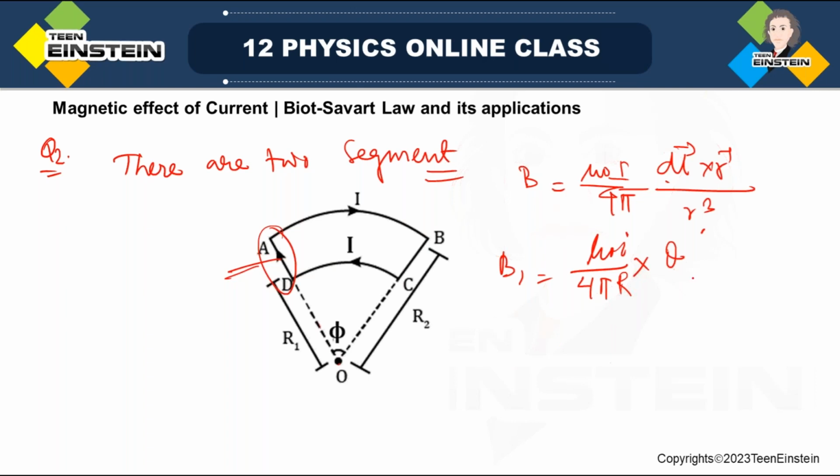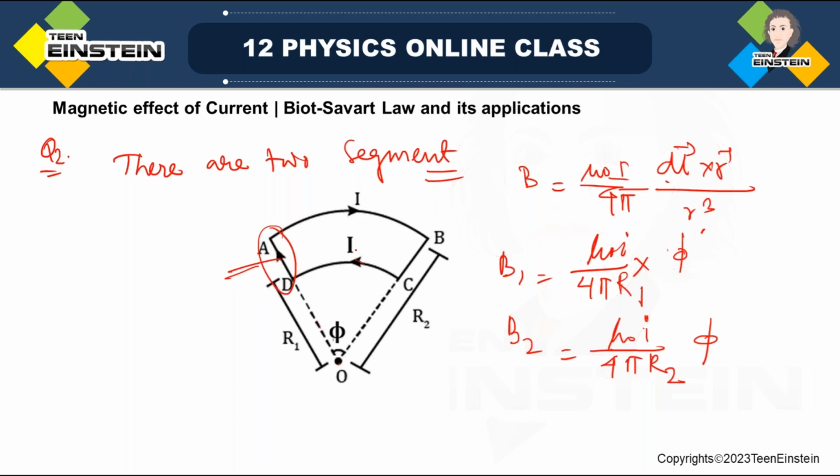Okay, actually this is pi, right? So I can write this is pi, the angle, and this is for 1. For 2 it will be mu 0 I by 4 pi, 1 by r2 into pi. So now we have to find out the direction of this.